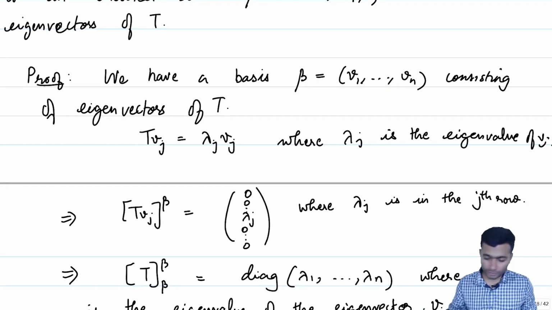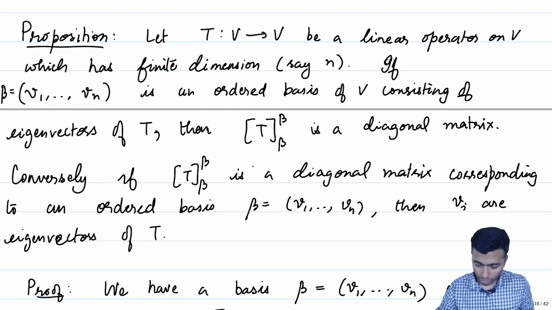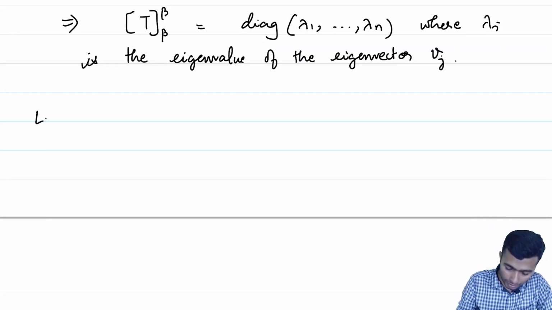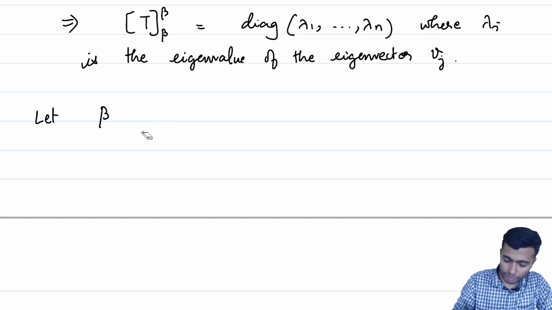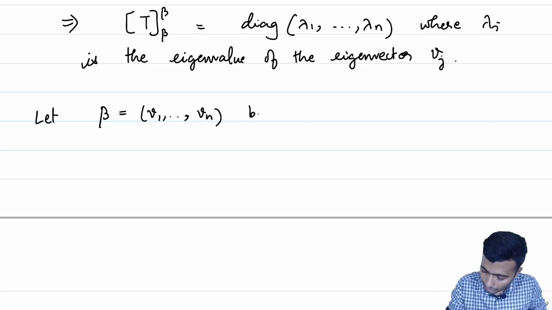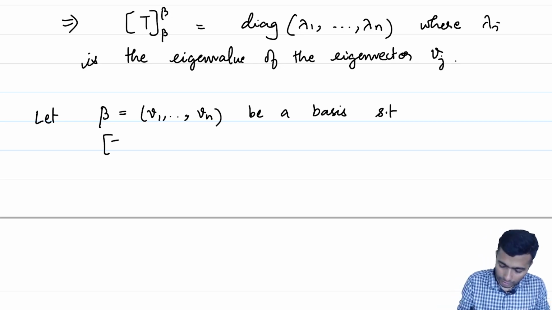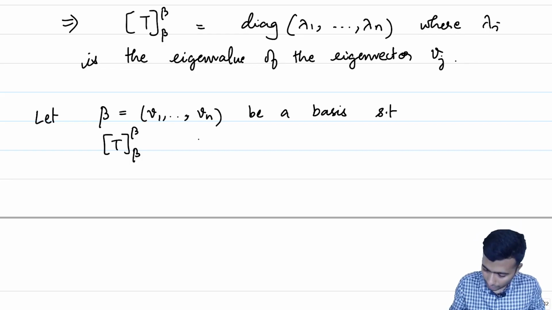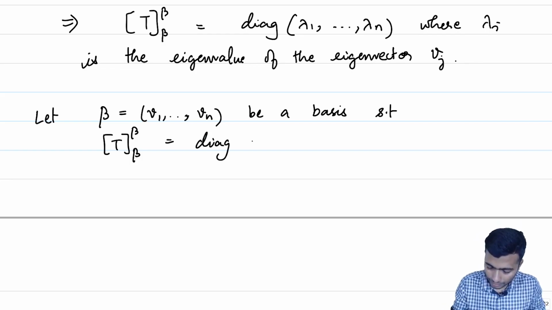Let us next prove the converse to this proposition. The converse is telling us that if we have a diagonal matrix, so let beta equal to V1 to Vn be a basis such that the matrix of T with respect to beta is a diagonal matrix. We just go back in the previous argument and we get it is equal to say diagonal of lambda 1 to lambda n.